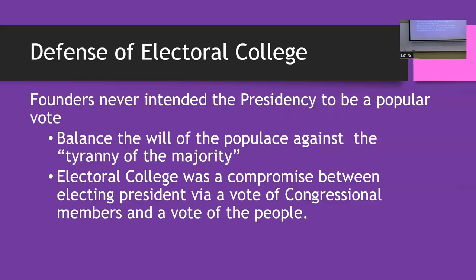That way the people get a vote for president, but it's not a direct winner-take-all thing. All right? So, again, it was never the intention to have the presidency be the popular vote. Okay.